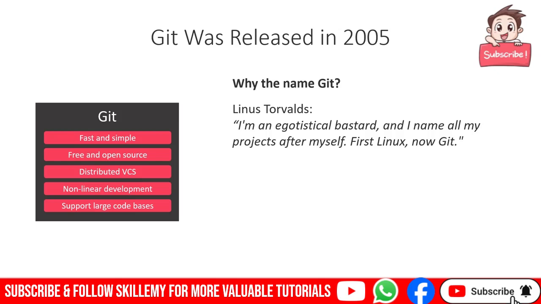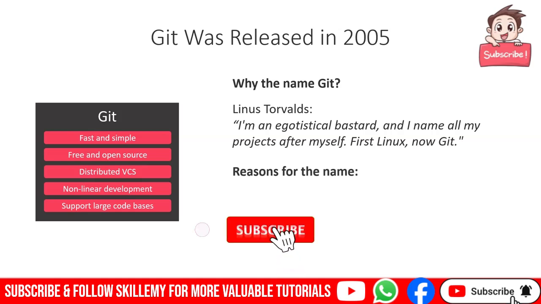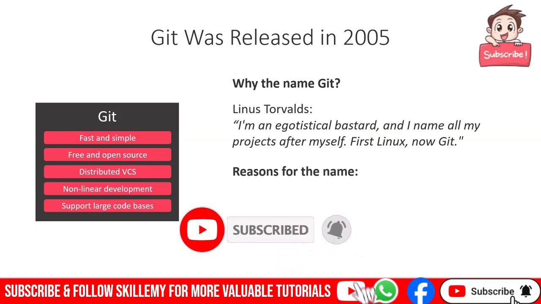When you look at the history of Linux, you will find out that Linus Torvalds wanted to call the operating system Freaks. Others convinced him to name it Linux, as that seems to be the better name. And now, with Git, the bad person, he made this very famous quote. But actually, there were some really important reasons for the name.